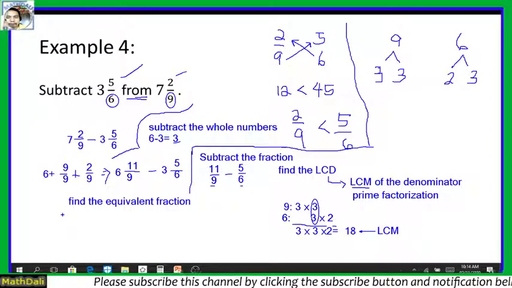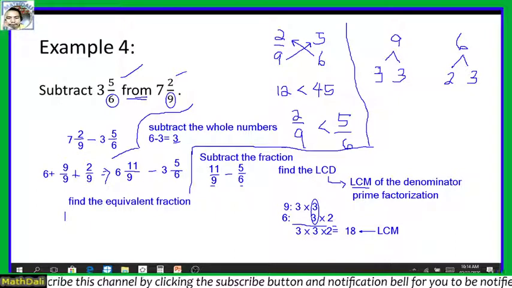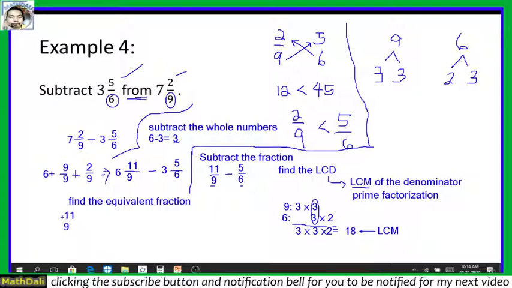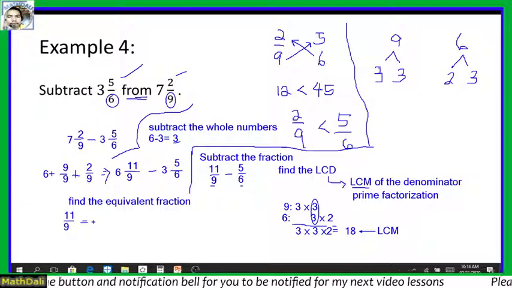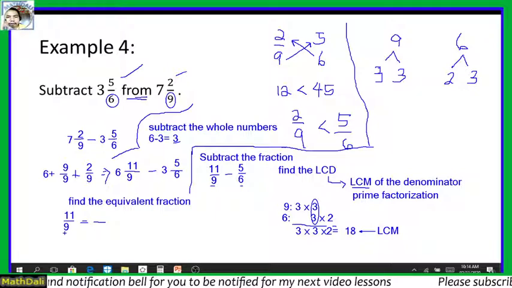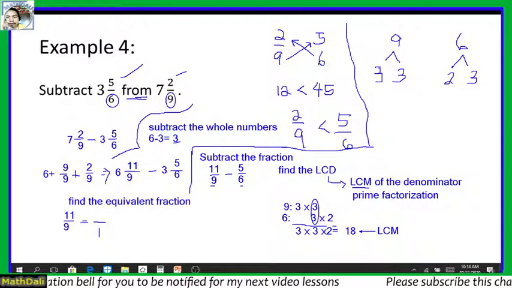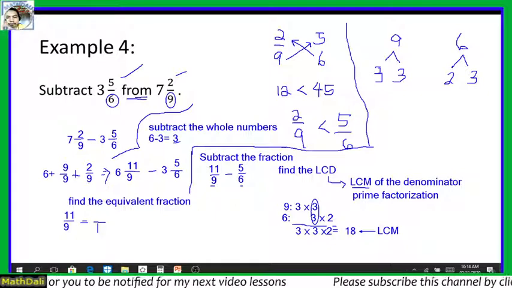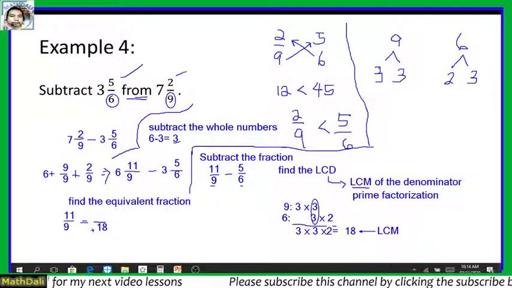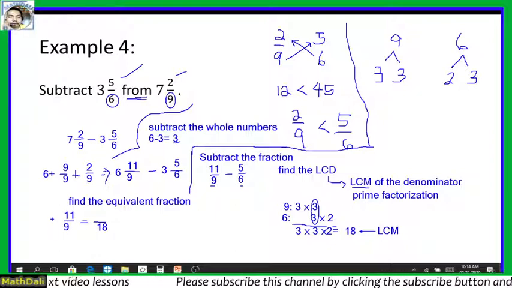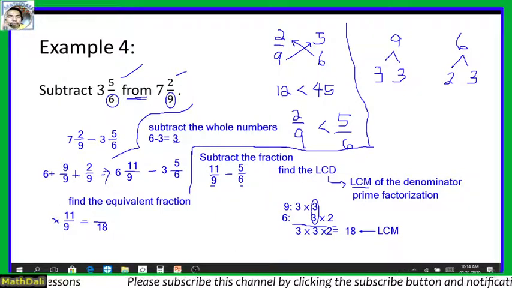We have 11 over 9 will be equal to, ano yung mumultiply natin sa 9 para makuha natin yung denominator or yung LCD na 18? So 18 divide sa 9, that will be equal to 2.